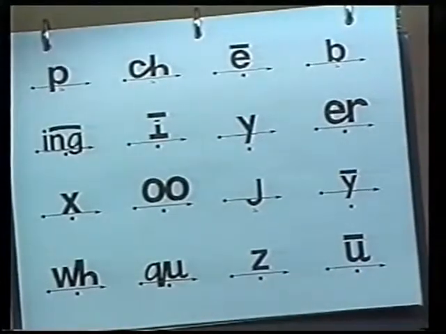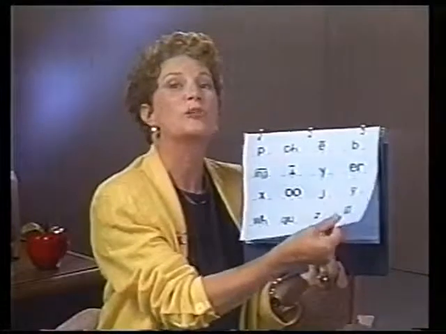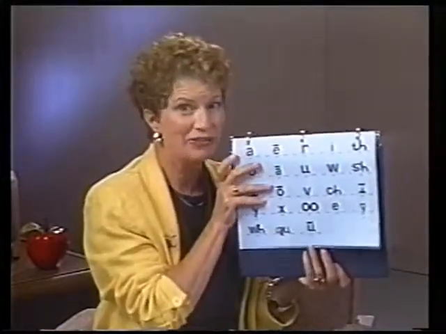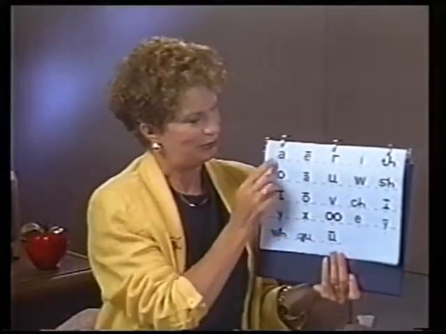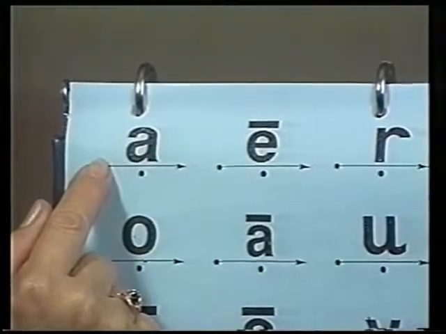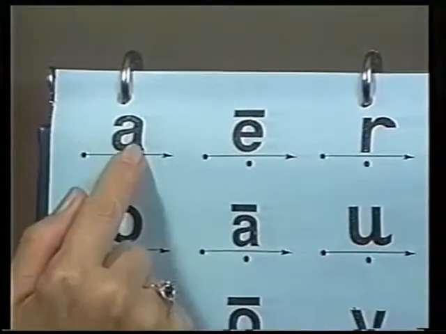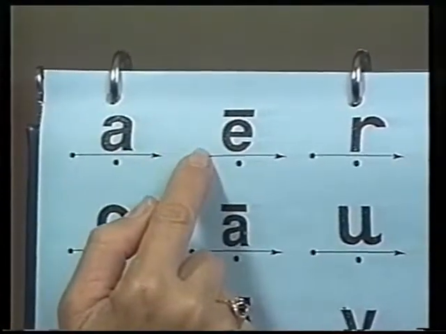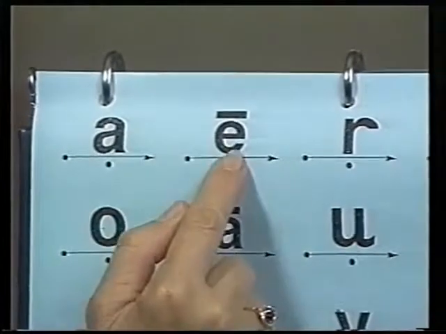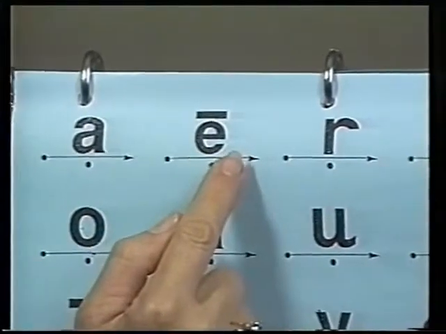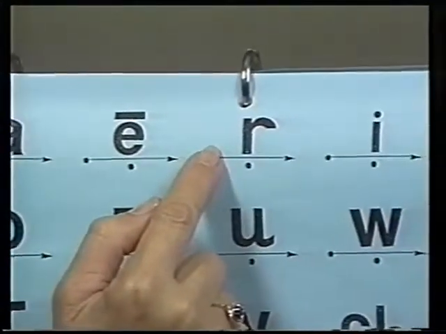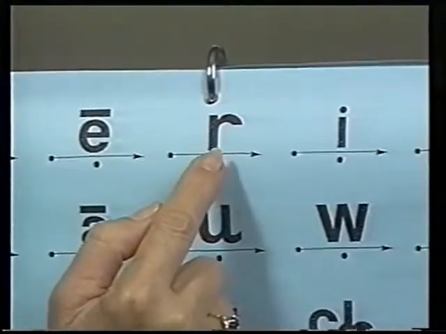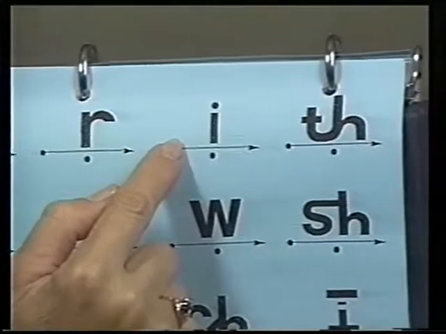Alrighty, now we're going to do a cumulative review of all the hard sounds and the vowels. Here we go. Get ready. Yes, ah. Get ready. Yes, e. Get ready. Yes, r. Get ready.